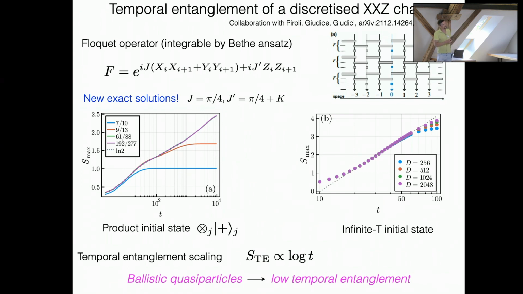In this case, it is also possible to find some exact solutions for the influence functional for a particular choice of the parameters. What you find generally is that you have a little bit more temporal entanglement: you have log t scaling of temporal entanglement.